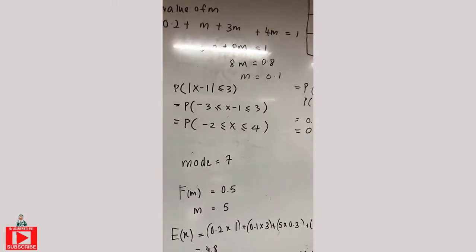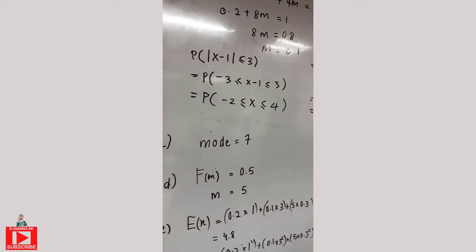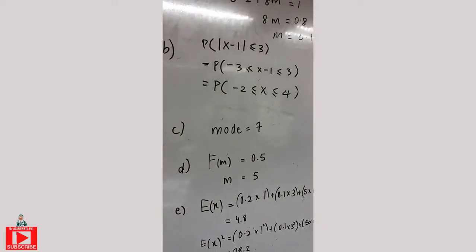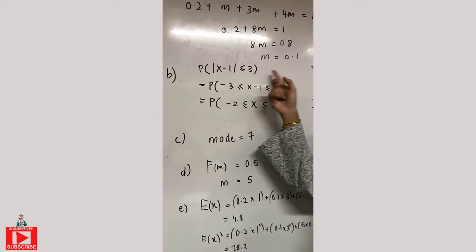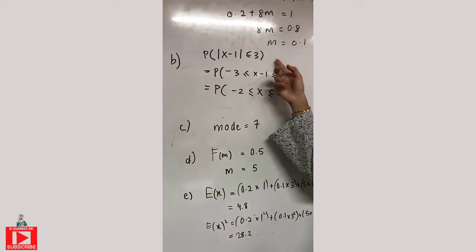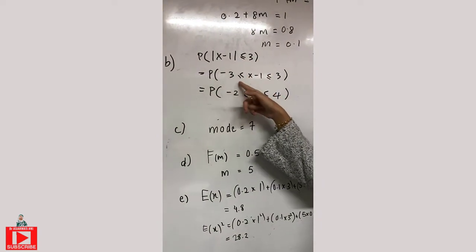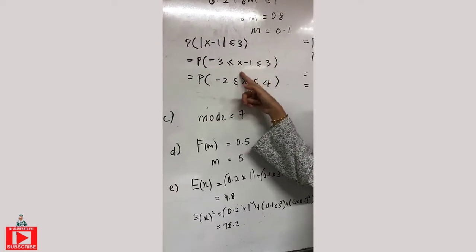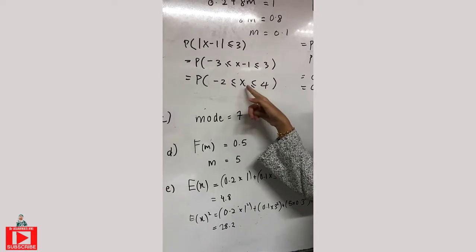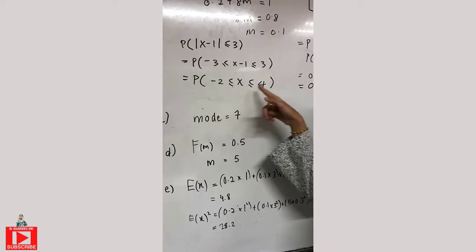Okay, question B. In the question, it gives the probability of modulus x minus 1 less than or equal to 3. So we open the modulus as usual: x minus 1 lies between -3 and 3. We move the 1 across, so x lies between -2 and 4.